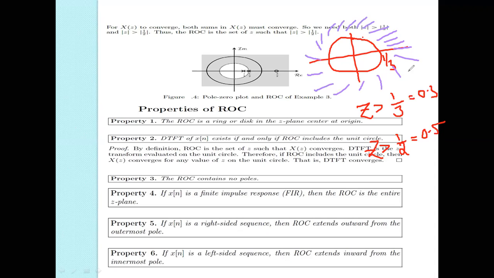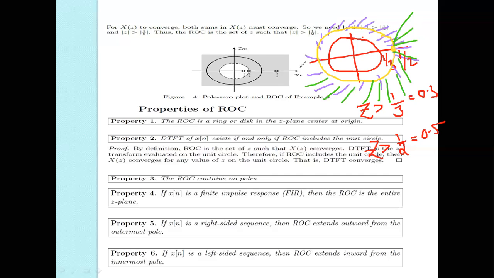Okay, now I am checking another circle here. This is another circle. What is the ROC here? The ROC now is 1/2, which means outside the circle.